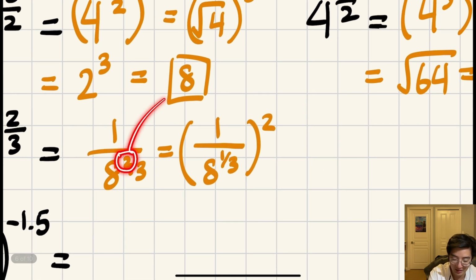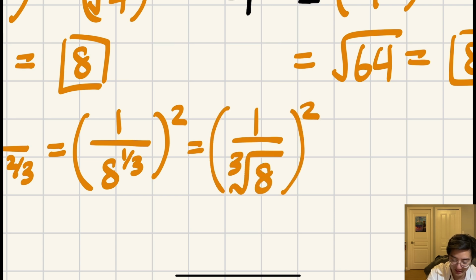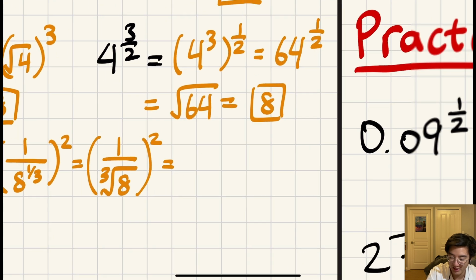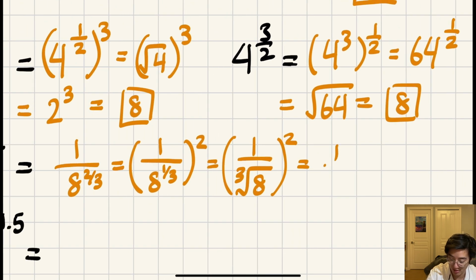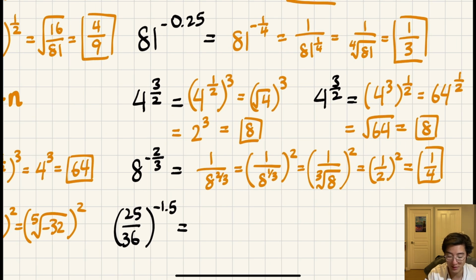Because all we're doing here is taking this 2 out. We know that 8 to the power of 1 over 3 is just the cube root of 8, all of that squared. That cube root of 8 is 2. So it's 1 over 2 squared. And at the end, we get 1 over 4. Right? So 8 to the power of negative 2 over 3 is just 1 over 4.